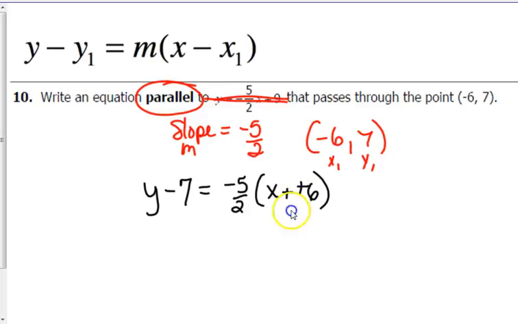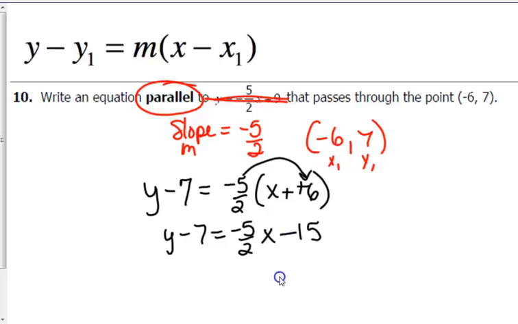All right, this one you're going to want a calculator for. So I have y minus 7 equals -5/2 times x. And then I need to know what is -5/2 times 6. Just type -5 divided by 2 times 6. -15, right?